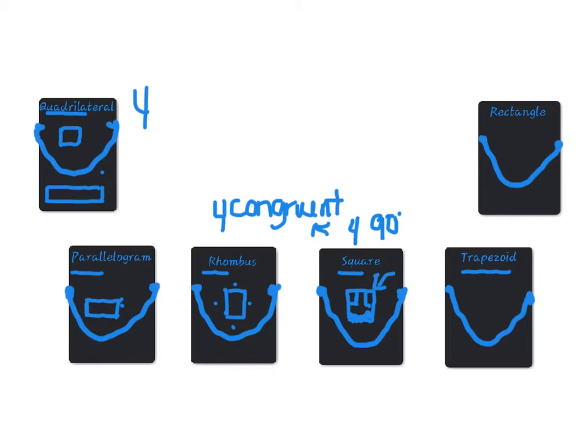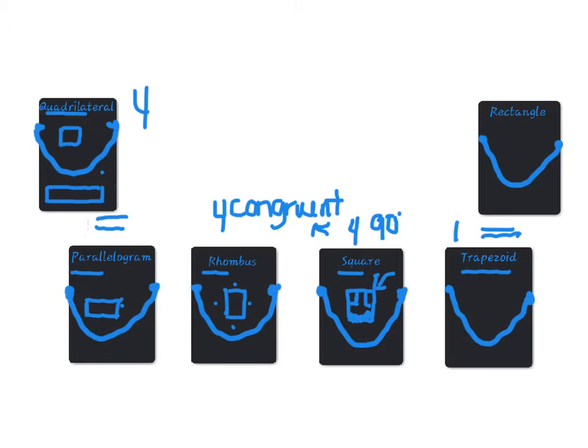In a trapezoid, we have 1 pair of parallel sides. So a trapezoid can look like this because we only have 1 pair of parallel sides. Just like over here in the parallelogram where we had parallel sides, but they were opposite, we are going to have only 1 pair of parallel sides in a trapezoid.